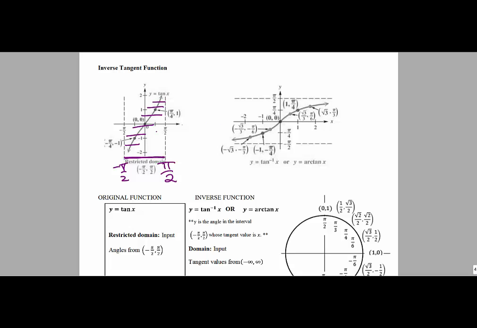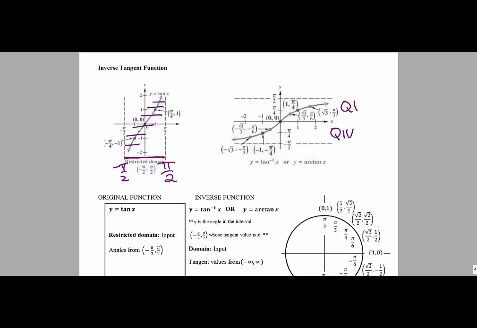And when we switch around all of the x and y values, then we actually get an inverse function. So this passes that vertical line test that we need for a function. And the output values, the y values, come from quadrant 4 and from quadrant 1.